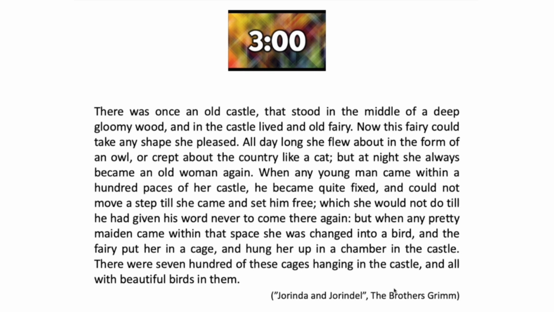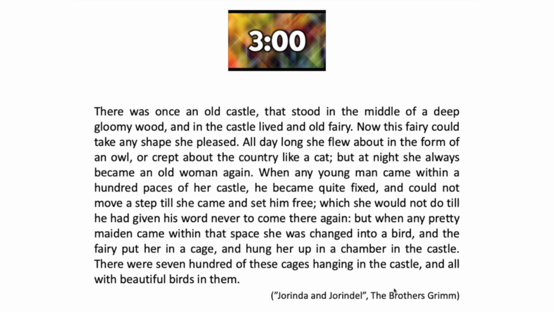When any young man came within 100 paces of her castle, he became quite fixed and could not move a step till she came and set him free, which she would not do till he had given his word never to come there again.